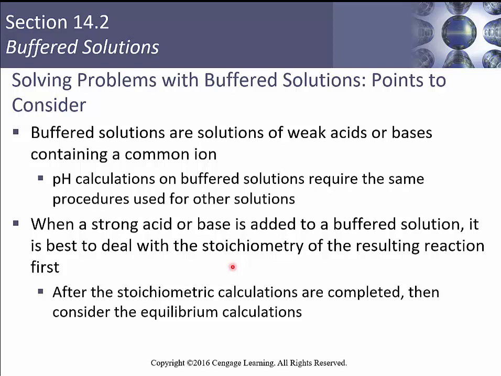The characteristic of a buffer is that it's able to resist changes in pH upon addition of strong acid or strong base. If we have to stress our buffer, this is called stressing our buffer, we're just going to do a stoichiometry step first and see how the calculations are completed.